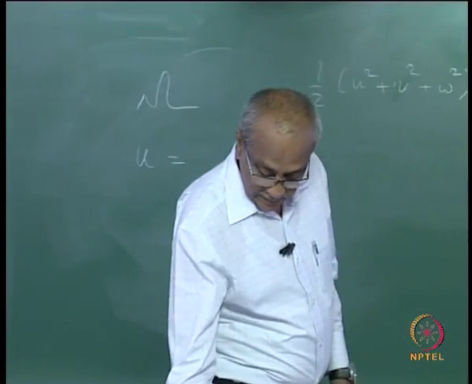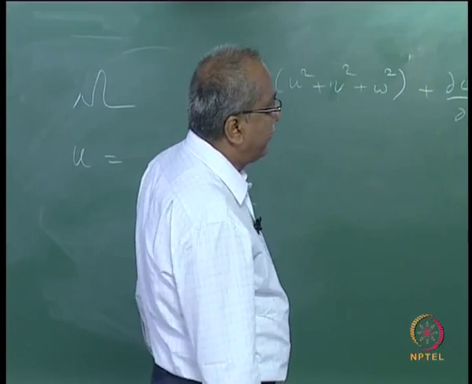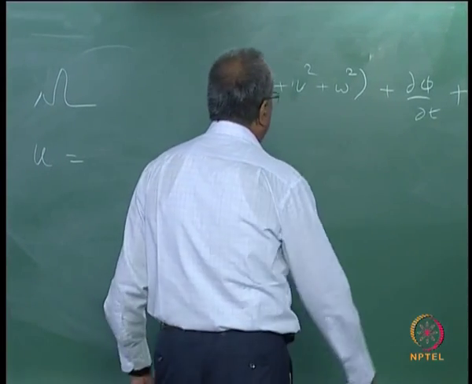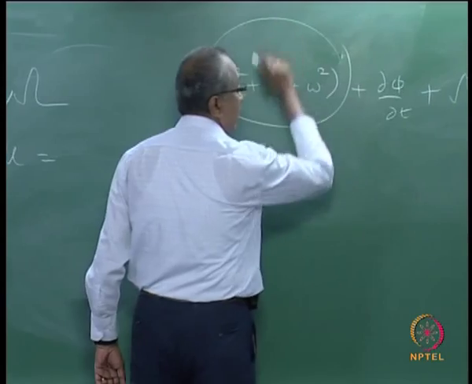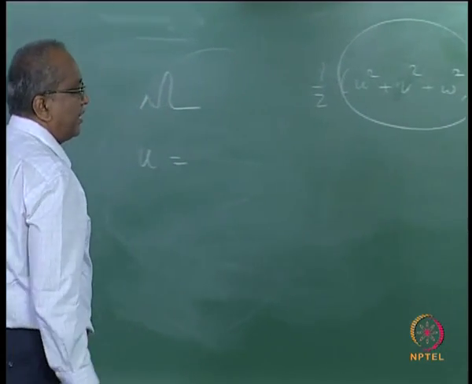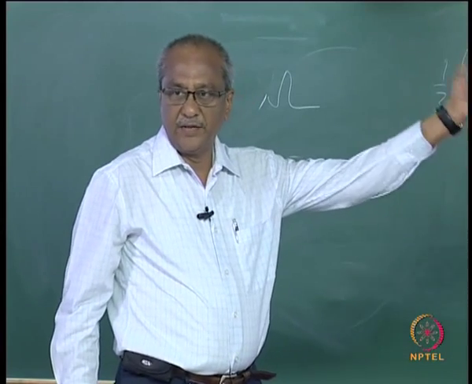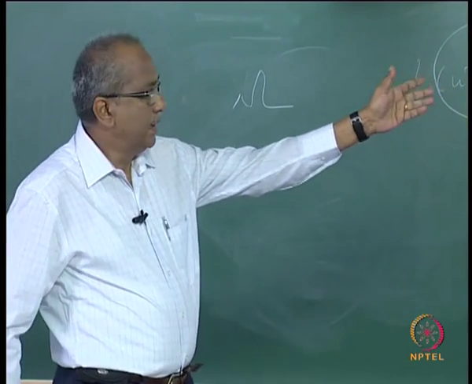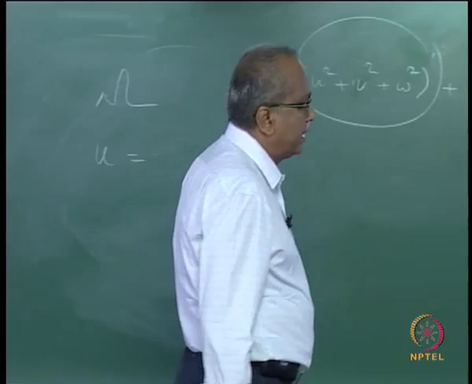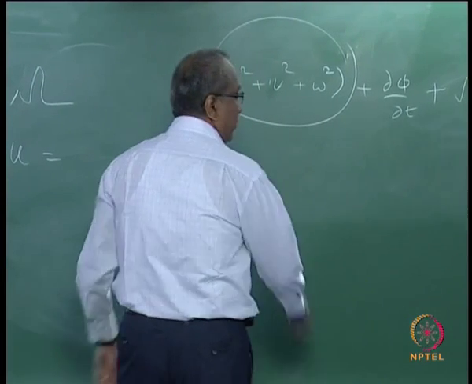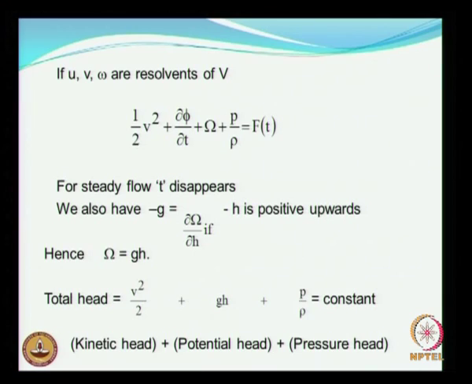Now if u, v and all these things are resolved components of v, then we can simply call it v, that is the velocity component. So, half into v square plus dou phi by dou t plus p by rho equal to a constant.